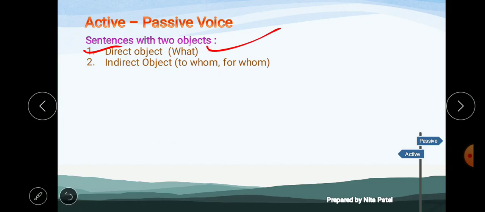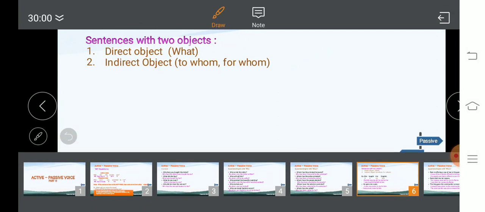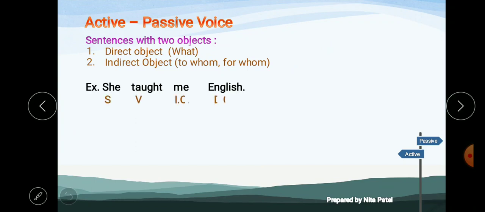Now there are two ways to find out direct objects or indirect objects. If you are searching for the direct object, by asking the question with what, you will get the direct object. And by asking the question to whom or for whom, you will get the indirect object. How? Let's see it with the example.